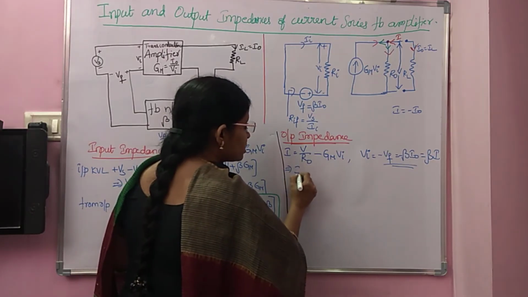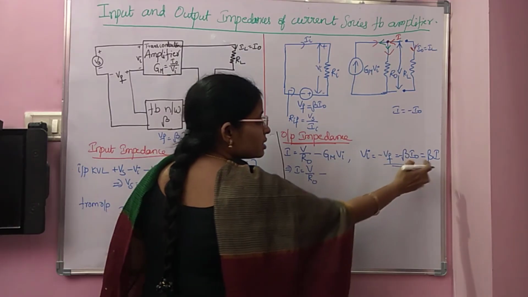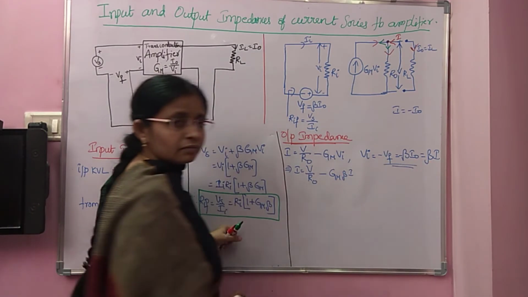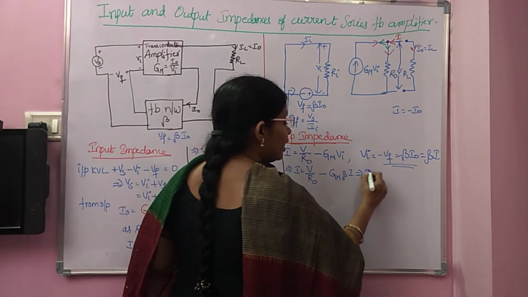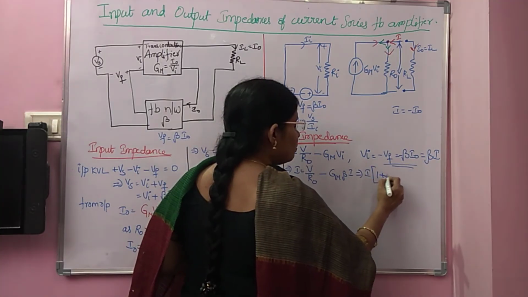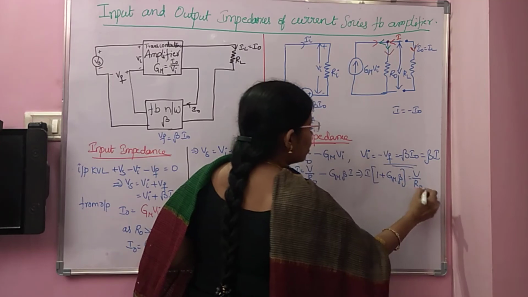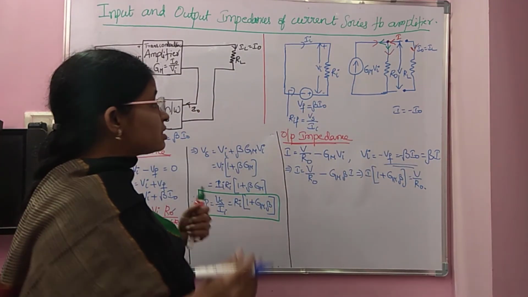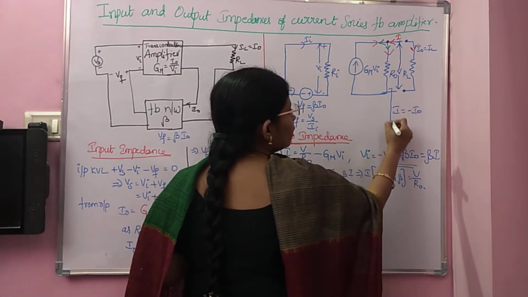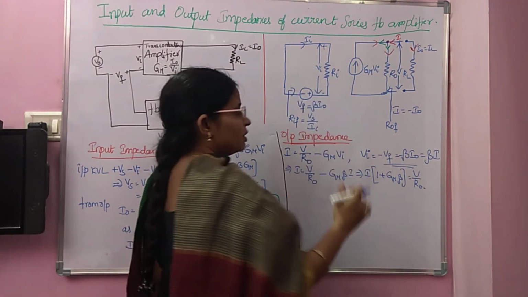So it implies I is equal to V by R naught minus, if you substitute beta I, Gm beta I. Now take this term to this side and take I common: I times 1 plus Gm beta is equal to V by R naught. I forgot to indicate the R naught F. So what is R naught F here? This is your R naught F, exactly at those open terminals.